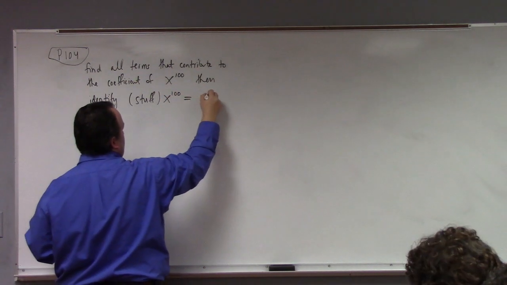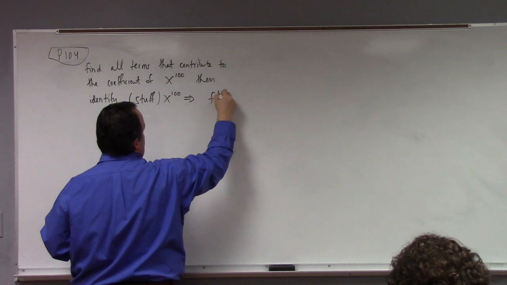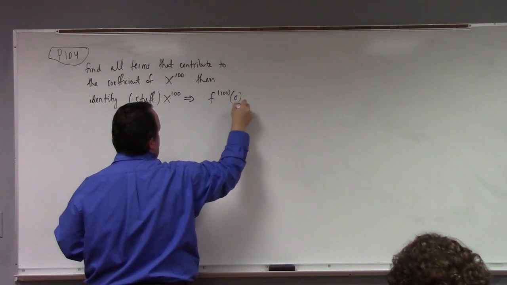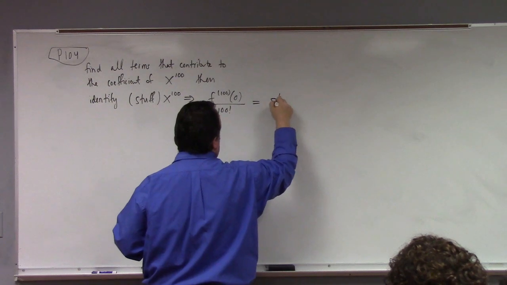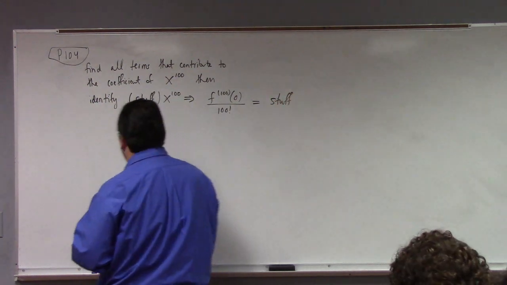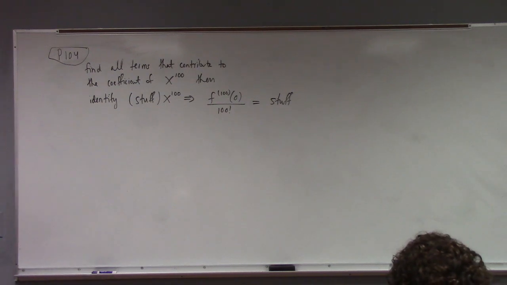Well, that has to be equal to the 100th derivative evaluated at 0 over 100 factorial. So then you can figure out what the derivative is from that. So that's basically what you want to do for that problem.